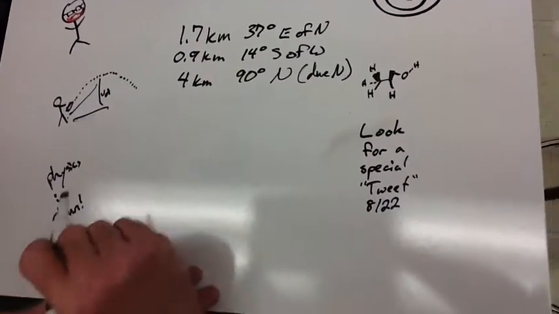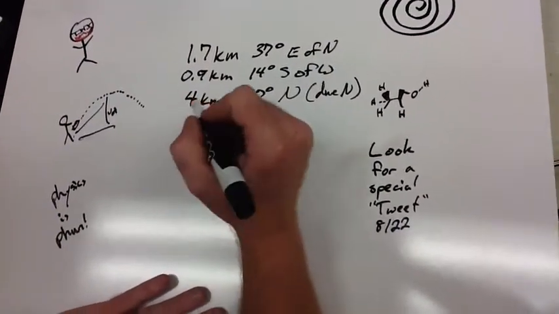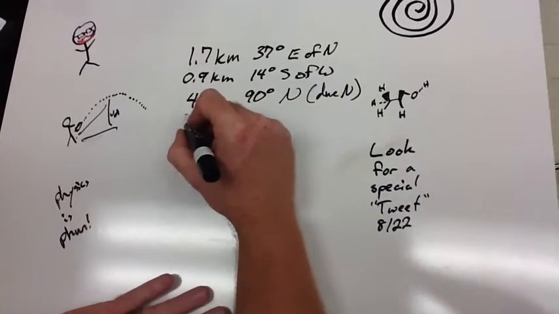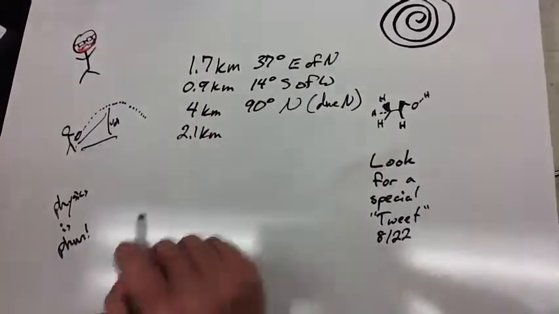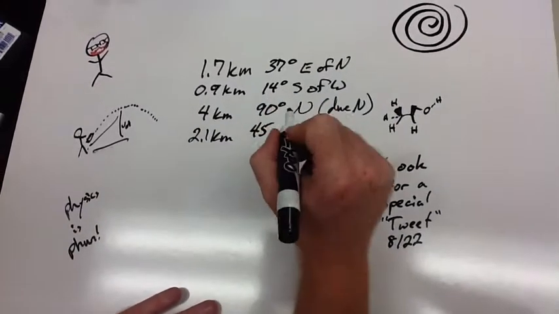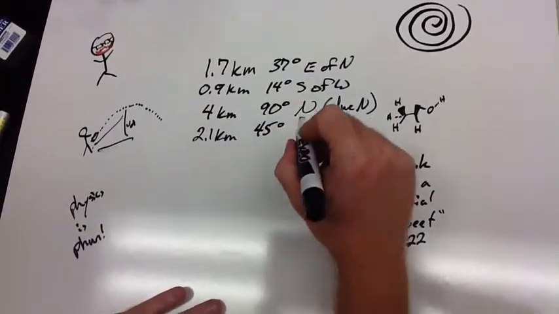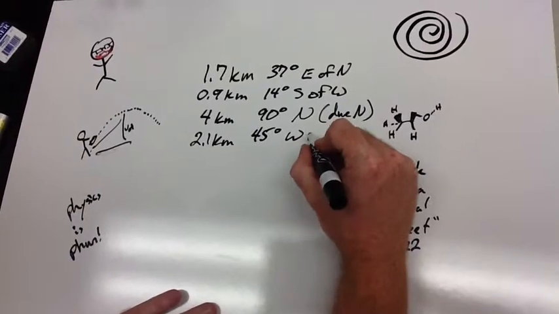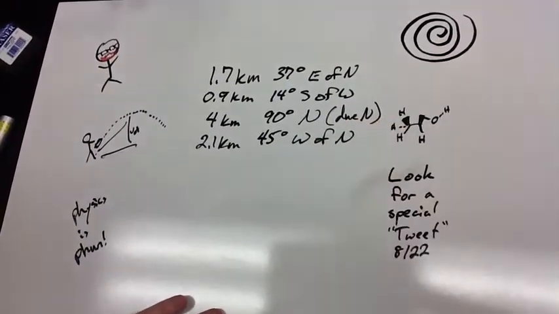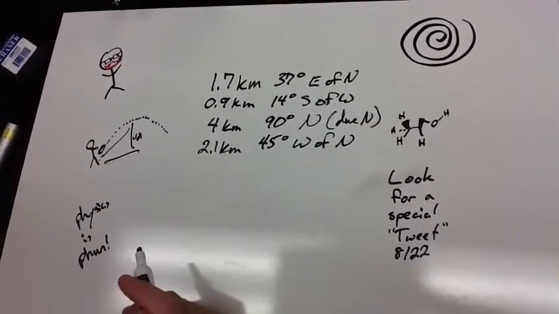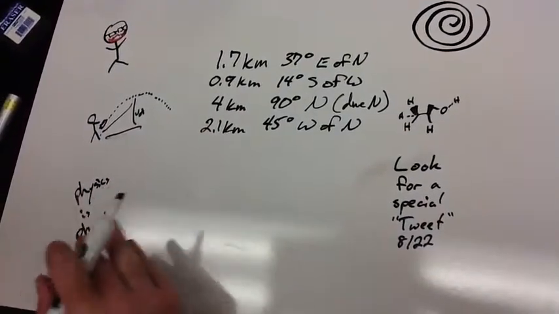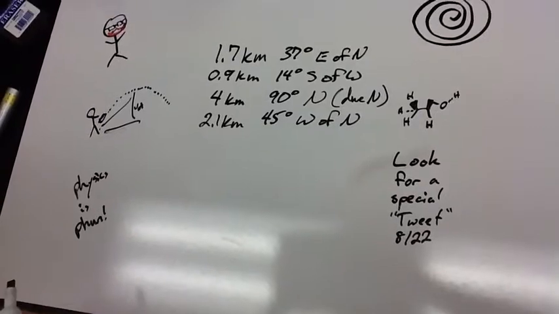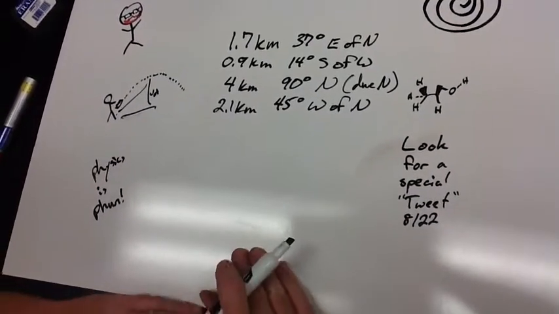And then the last one that we're going to do is going to be 2.1 kilometers at 45 degrees west of north. We could also call that northwest because that is flat out in the middle. We can give that an actual direction, but I'm just going to call it west of north for just our giggles.